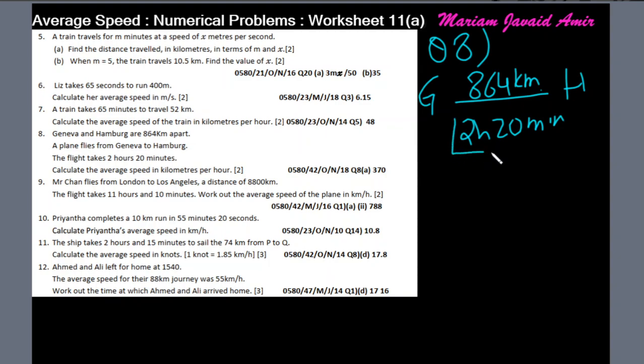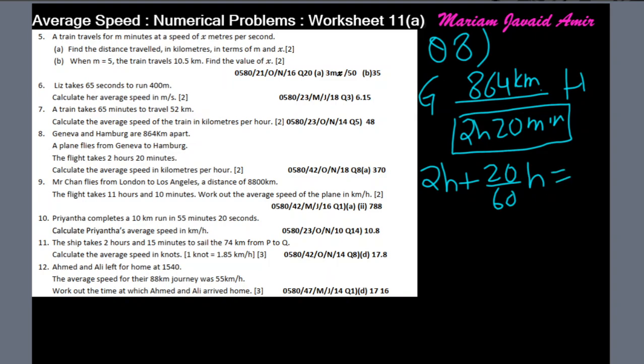So we need this in hours. This would be 2 hours plus 20 over 60 hours, which is 2.3333 hours, so 2.3 with a recurring dot on 3. So average speed is again total distance over total time.